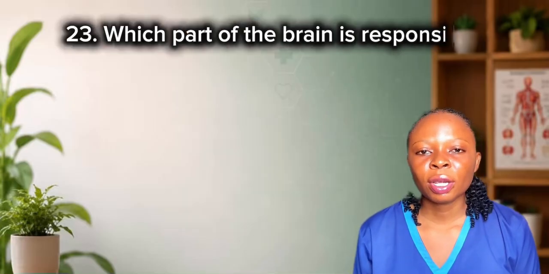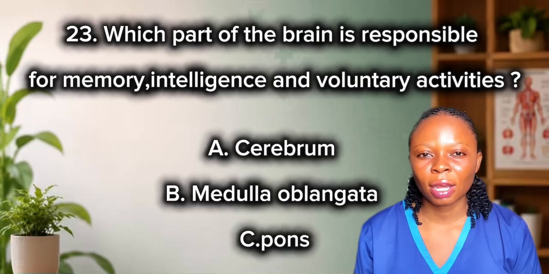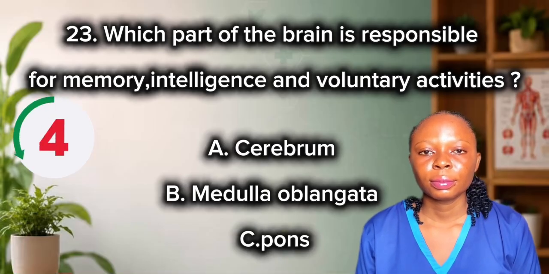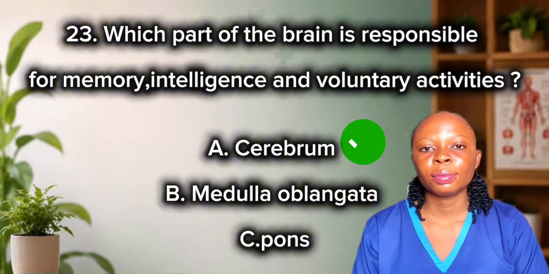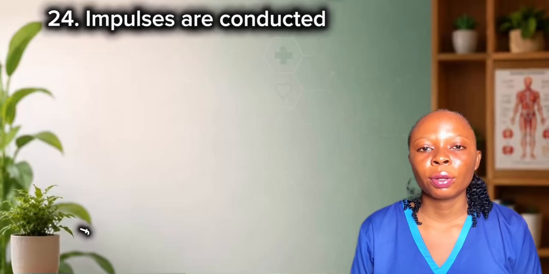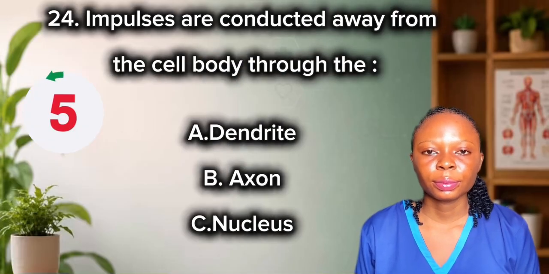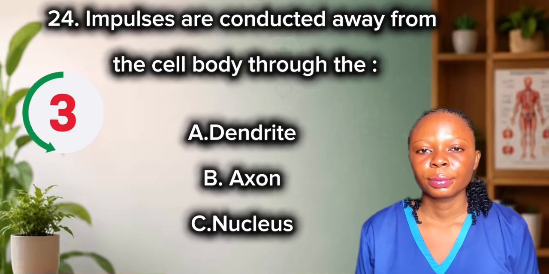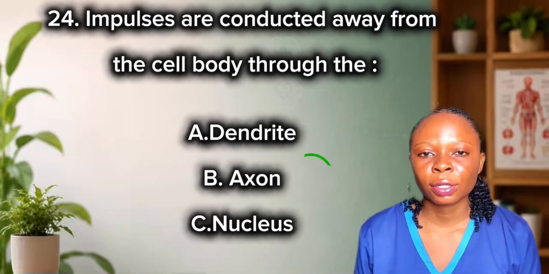Which part of the brain is responsible for memory, intelligence, and voluntary activities? Cerebrum. Impulses are conducted away from the cell body by the axon.